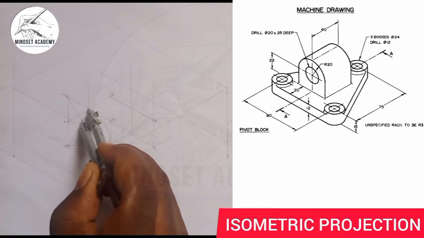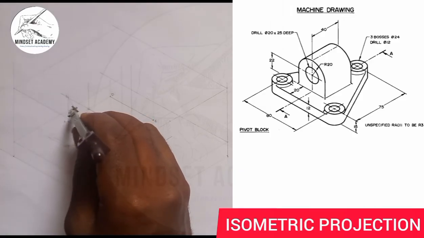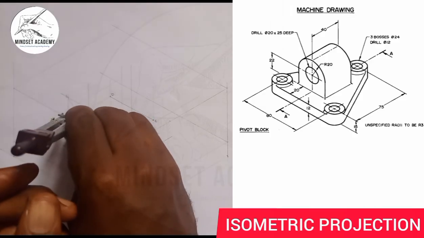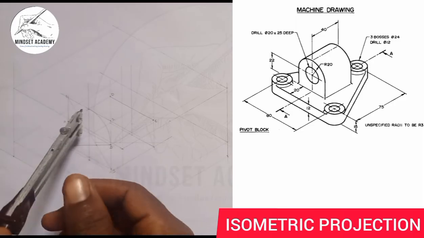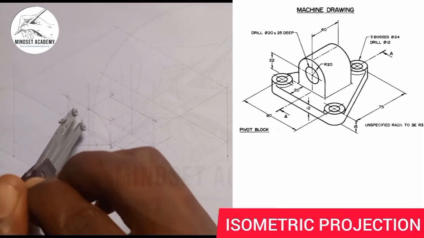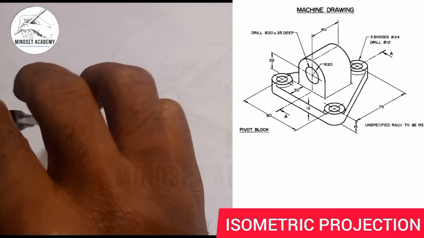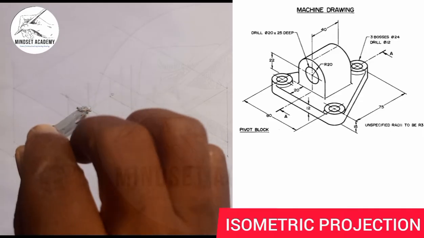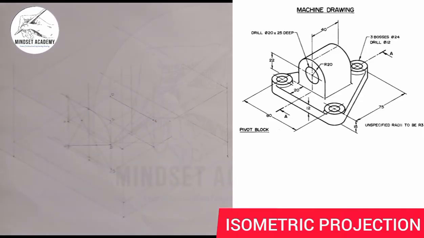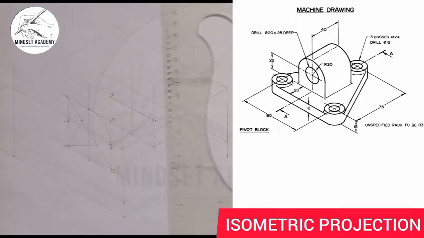I'll get my other arc here this way. Hope you can see that. So I can easily take that out to see what we're actually talking about. So when I take it out, this is what I'll have.